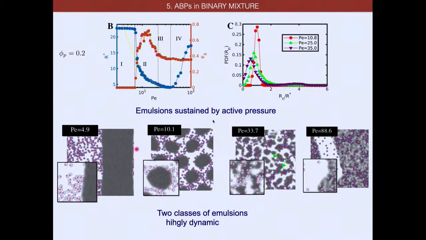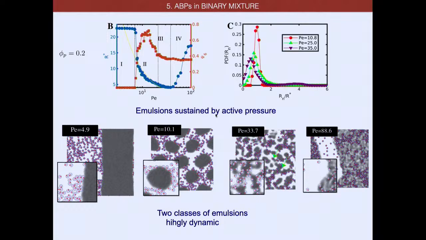So we computed the typical domain size, and as I said, in this region 1, this is the system size. Then we have this decay. Actually, the decay of the domains goes as 1 over the Peclet number, and this can be understood if you think that the binary mixture wants to phase separate, so there is an energy associated to it because of the surface tension.